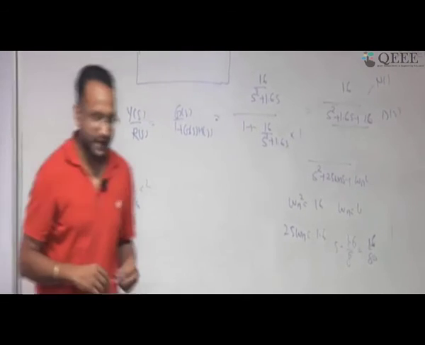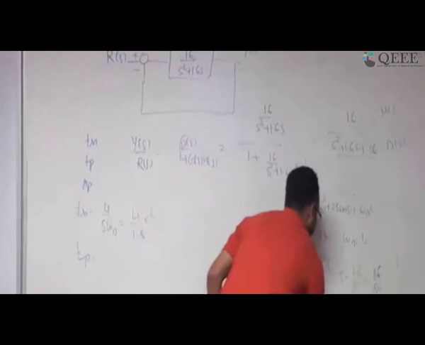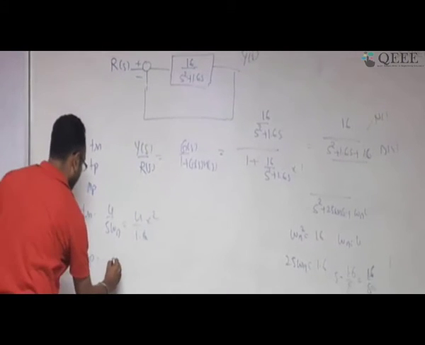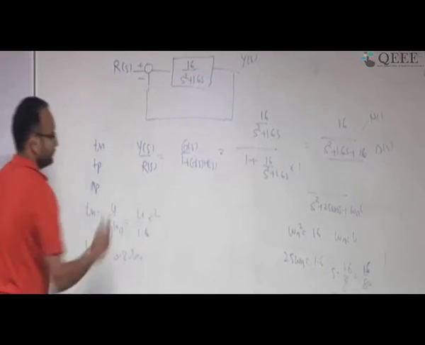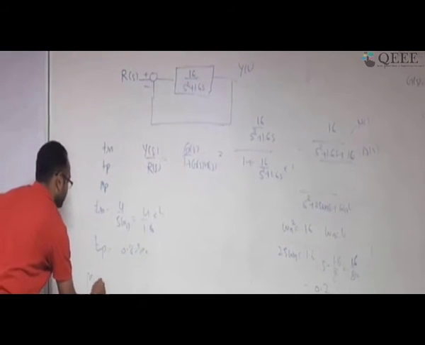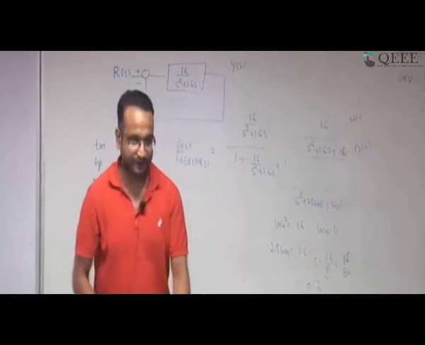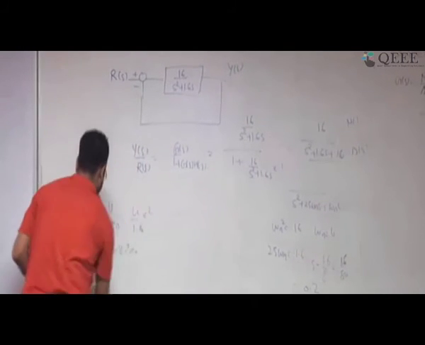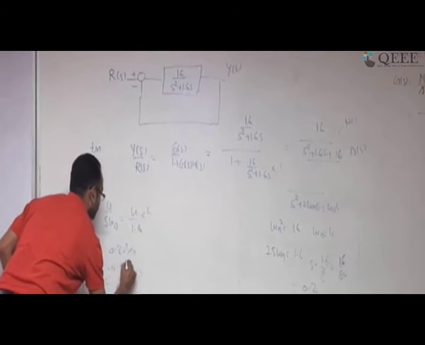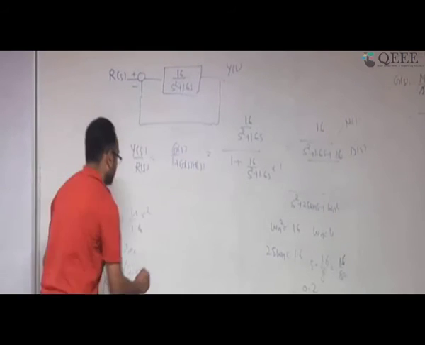Zeta comes as 0.2, I am writing the value which I got, and the peak time comes to 0.8 seconds. You can solve it if you have a calculator. This is the numerical value, and you can find out the maximum peak overshoot, which is e to the power minus pi zeta divided by square root of 1 minus zeta square. If you solve this, I have got the value 52.6%.